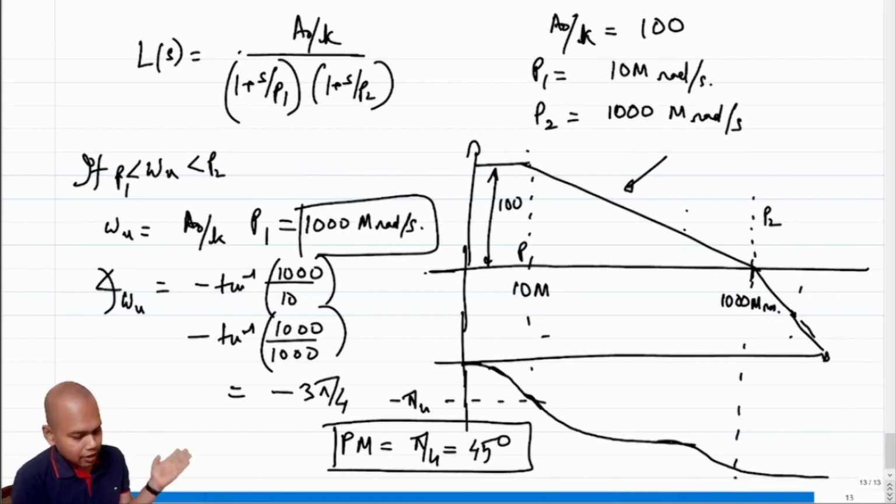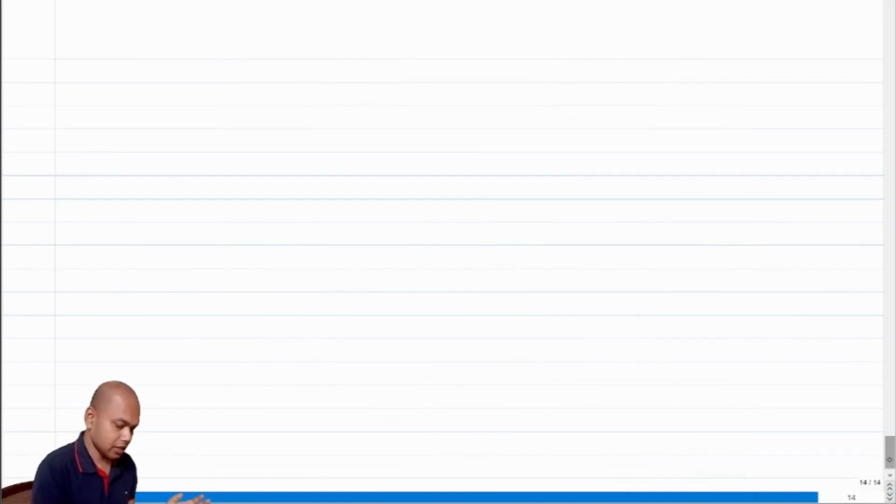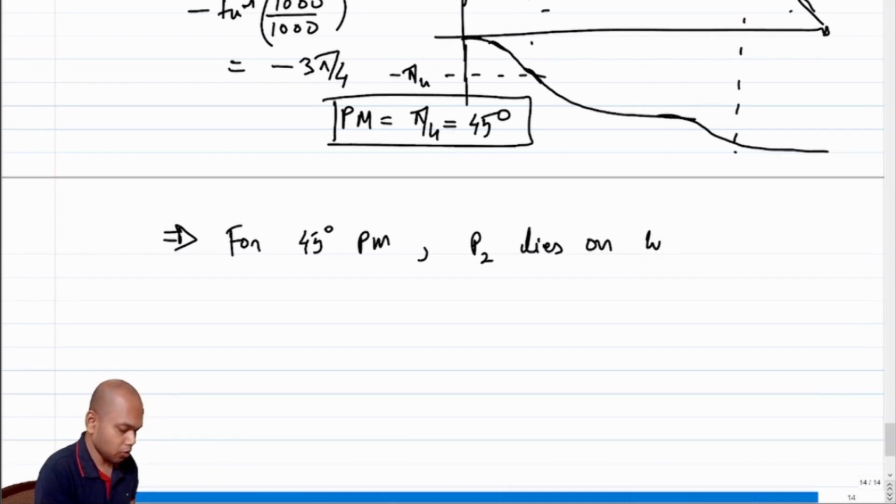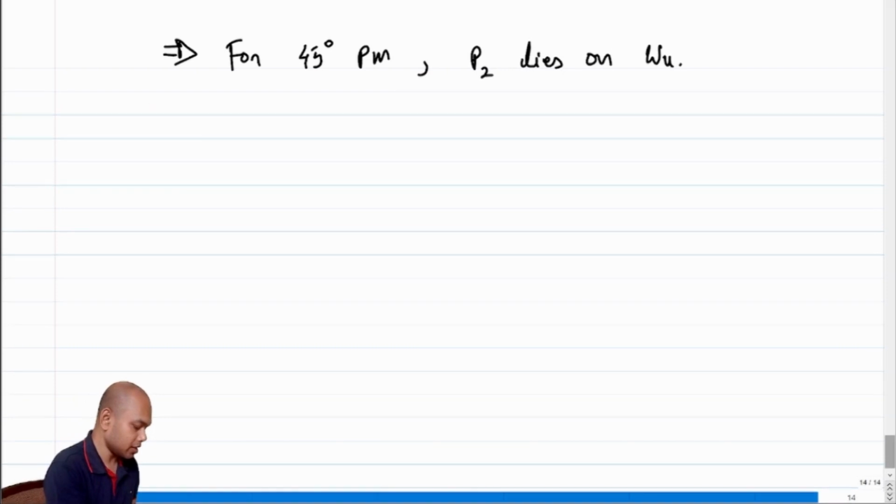In plain English, for 45 degree phase margin, P2 lies on omega u.